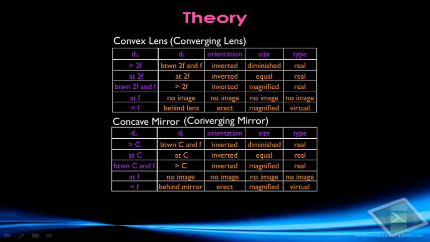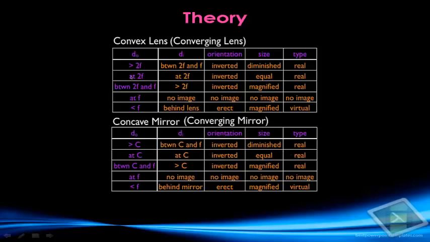And you should notice that the answers, the stuff in this gold color, are exactly the same for the convex lens and the concave mirror. For example, when the object is at C, the image is at C, it's inverted, it's the same size, and it's real.